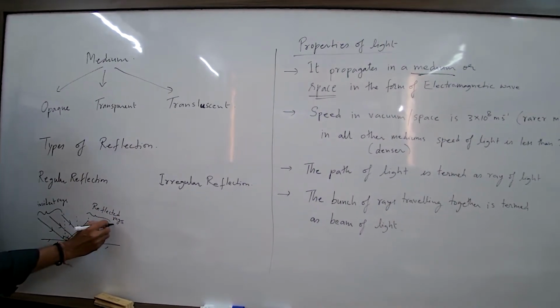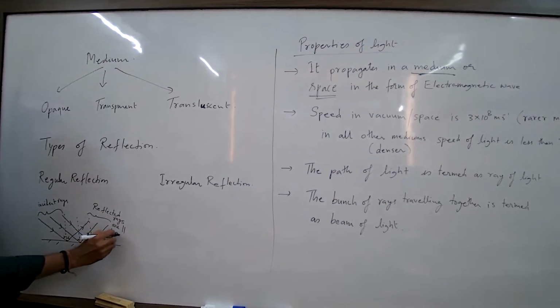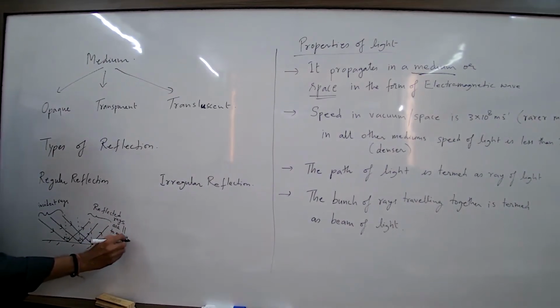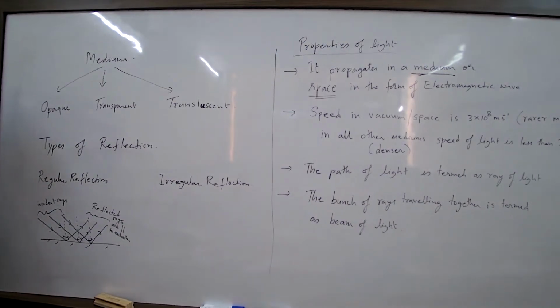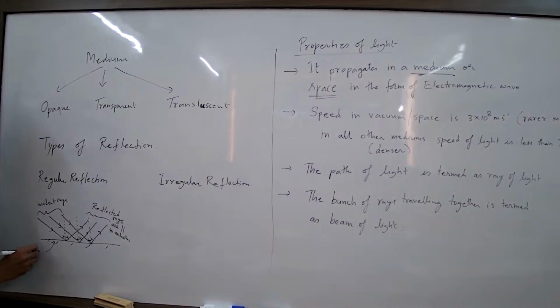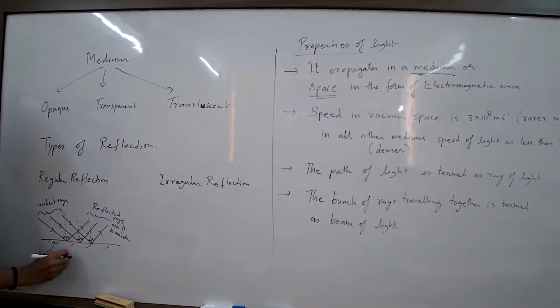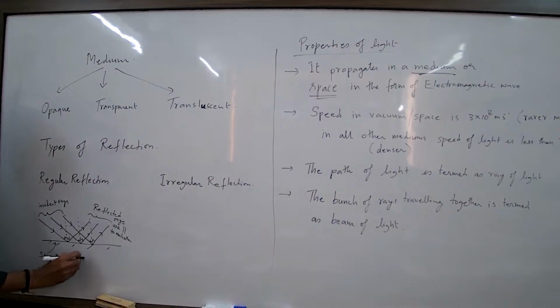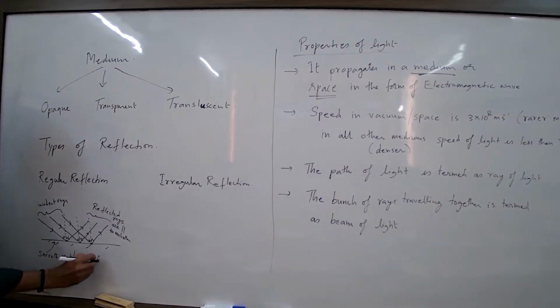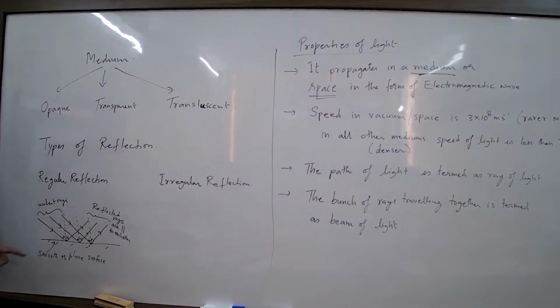So reflected rays are parallel to each other in case of regular reflection. So here, the reflecting surface is a smooth surface, a plane surface. Okay. So a glass is an example of a plane surface.